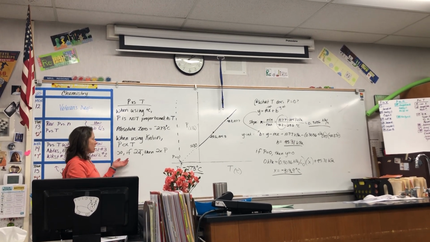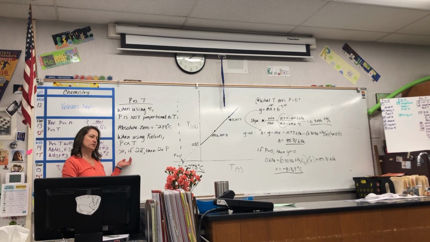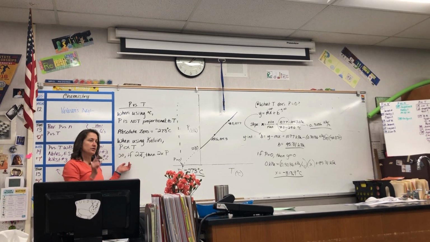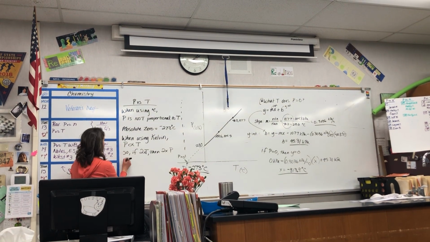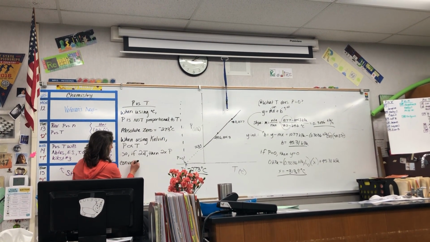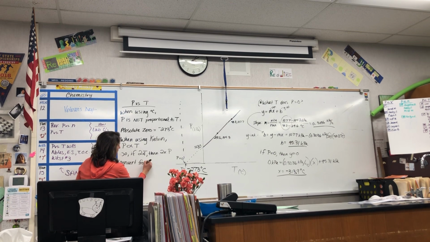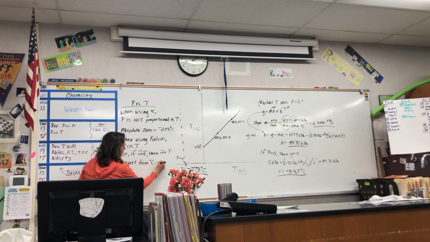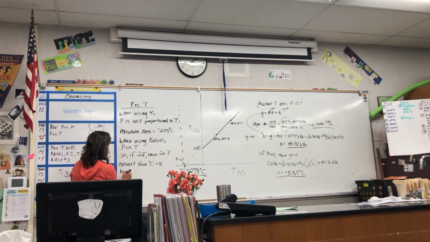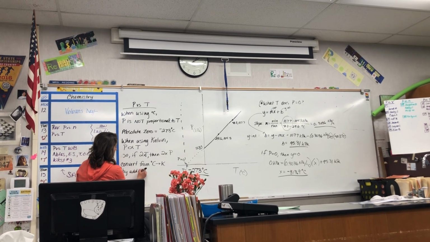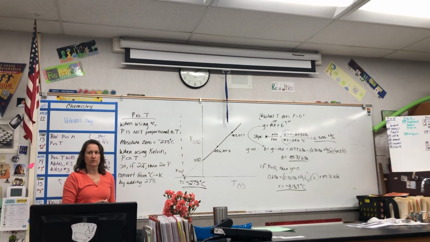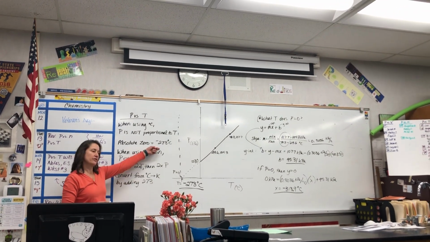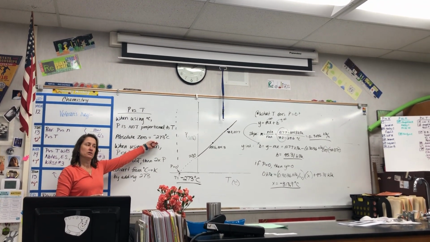Okay. So if we use the Kelvin scale, then they are proportional. So here's how you get it. It's an easy conversion. Convert from Celsius to Kelvin by adding 273. We got negative 273 is our absolute zero.